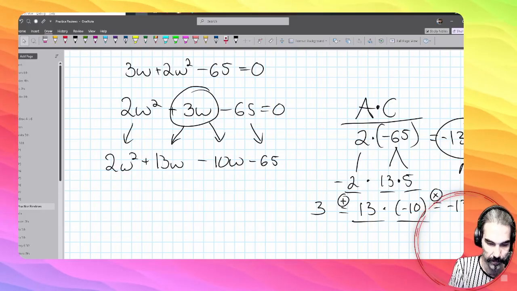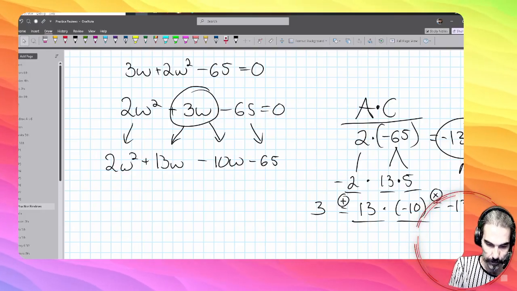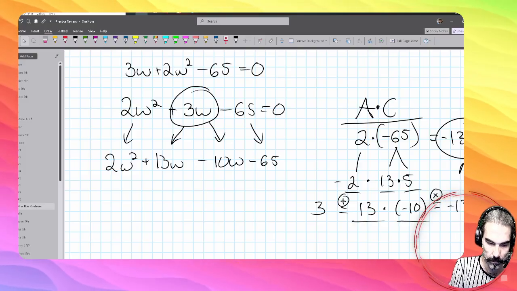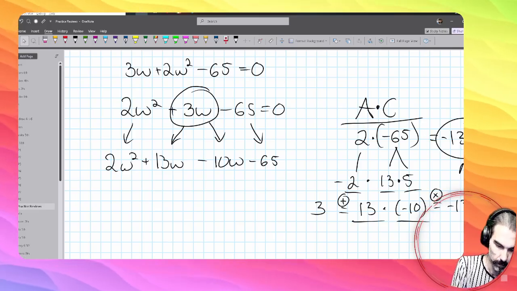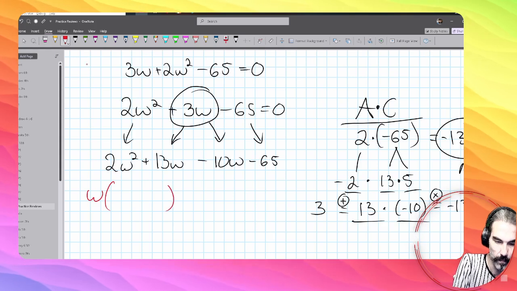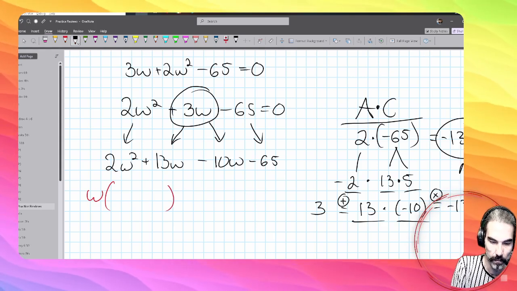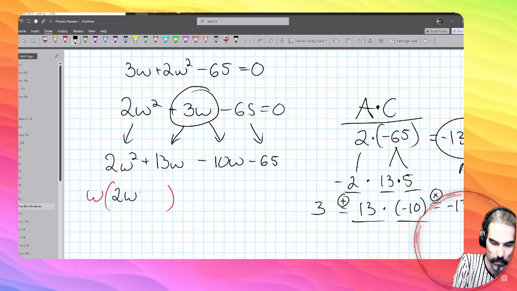Then what? For the left side, we could factor out a W. Yep, W sounds fair. And it would be 2W plus 13. Cool.